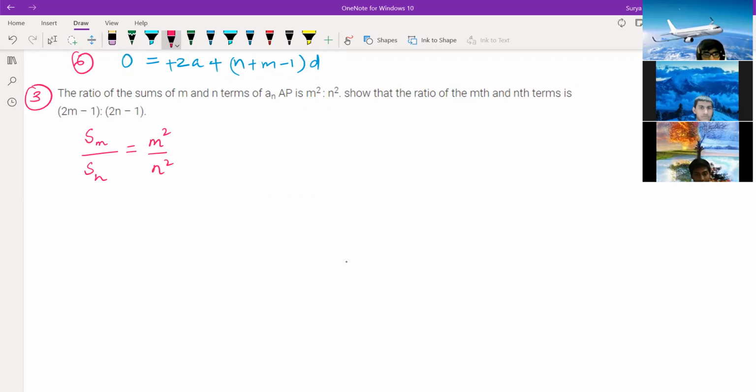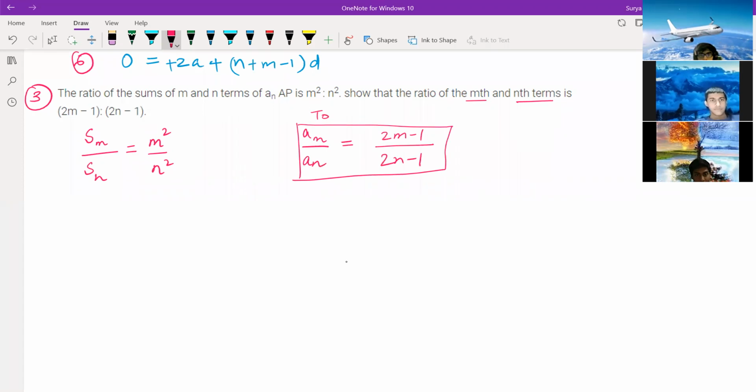You have to show that the ratio of mth and nth term, ratio means am divided by an, is equal to 2m minus 1 divided by 2n minus 1. This we have to prove. So this is given here, and with the help of this you have to make this one.